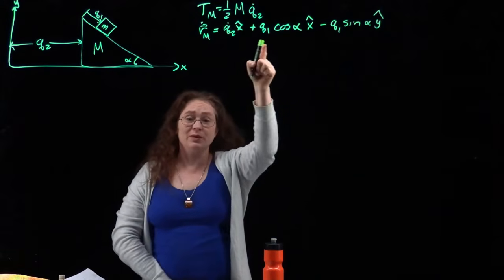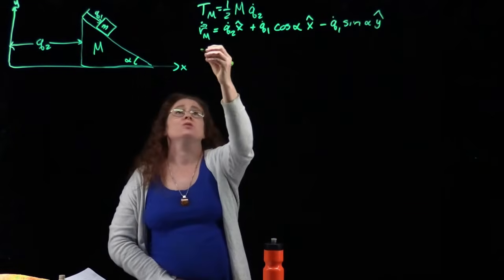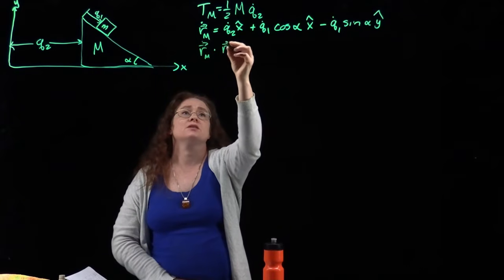And when we square this, and I dropped my dots, it's the dot product of this with itself.